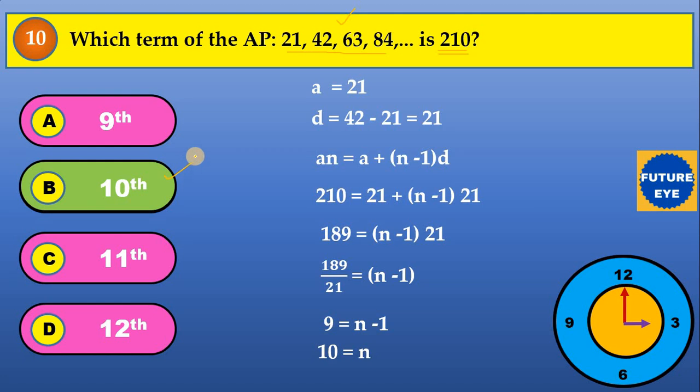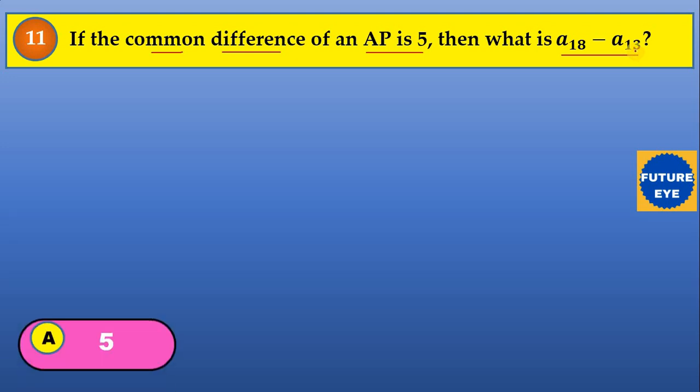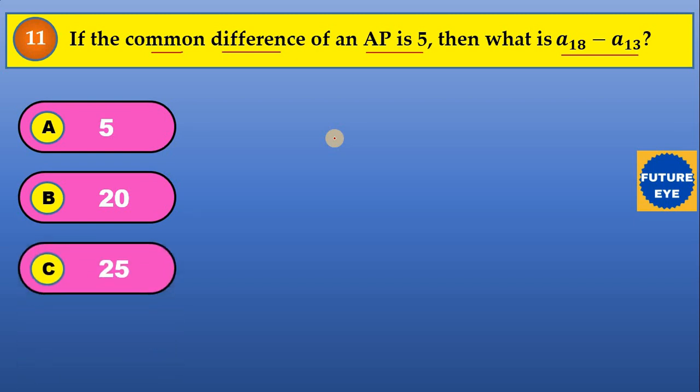Next, let us move on to another question, children. If the common difference of an AP is 5, then what is A18 minus A13? Options are 5, 20, 25, 30.